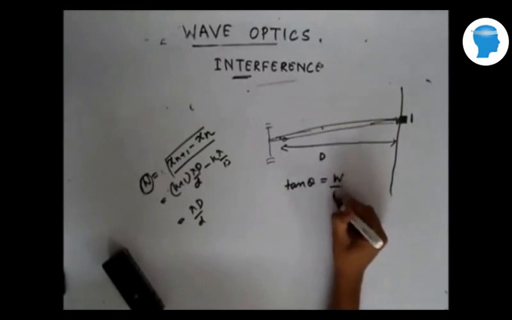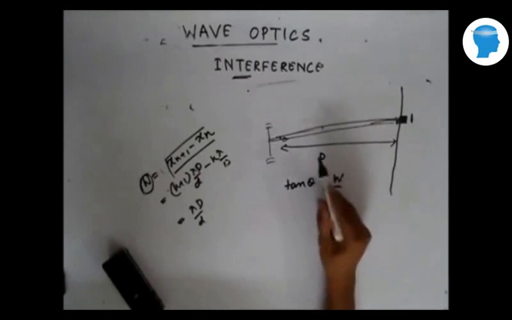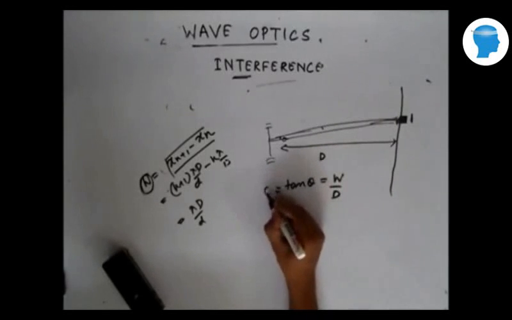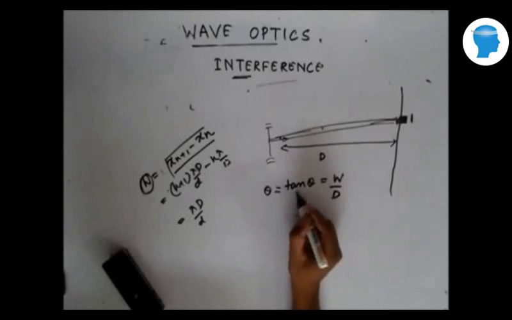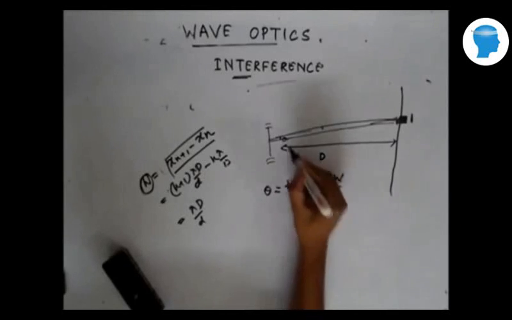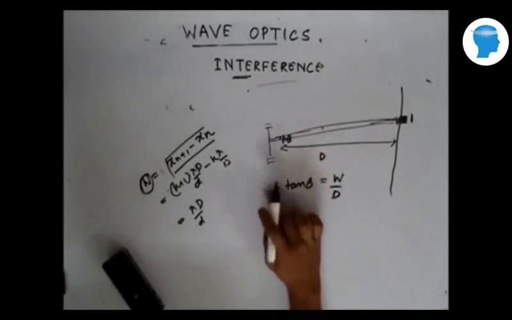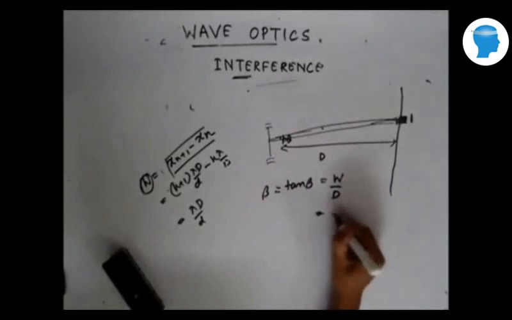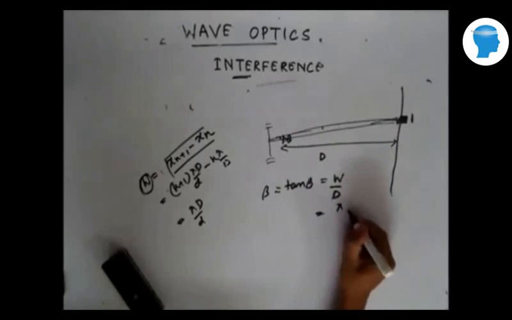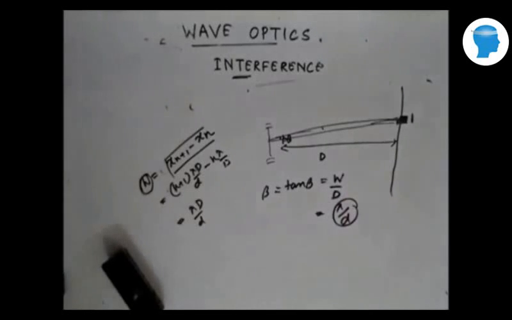Since this angle is very small, I can approximate it as theta, or let's call this angle beta. So tan beta is equal to beta, and if I write it this way, I get the angular fringe width as lambda by d. So this is the angular fringe width.